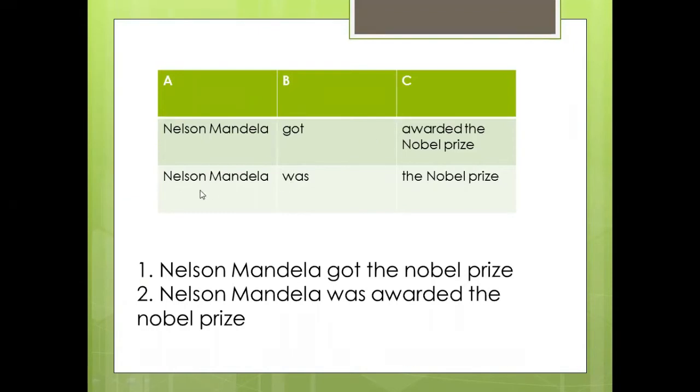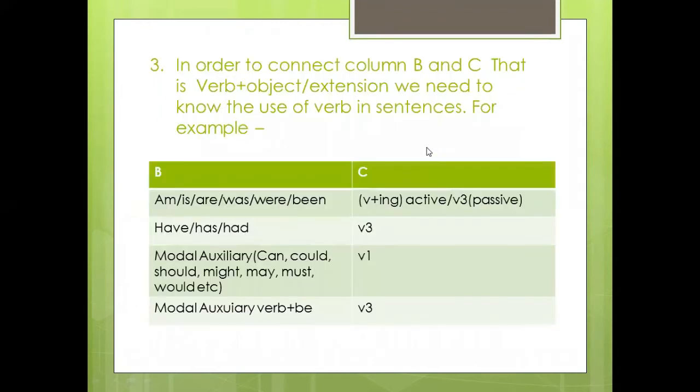And if you connect Nelson Mandela with was, that is an auxiliary verb, you have to connect this column B with a fraction which contains past participle form of verb, which we have seen in our previous slide. See, in column B, if there is was, were, and been, you have to connect it either with continuous form of your verb or past participle form of your verb.